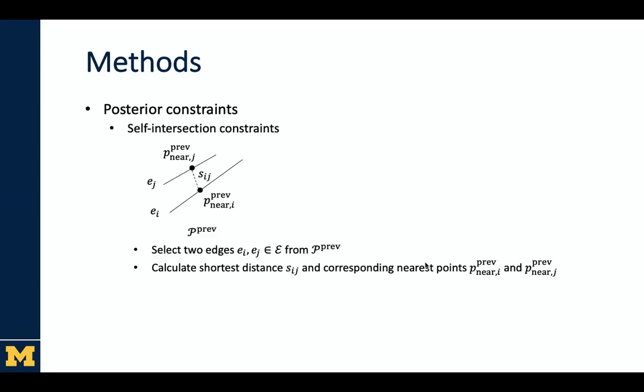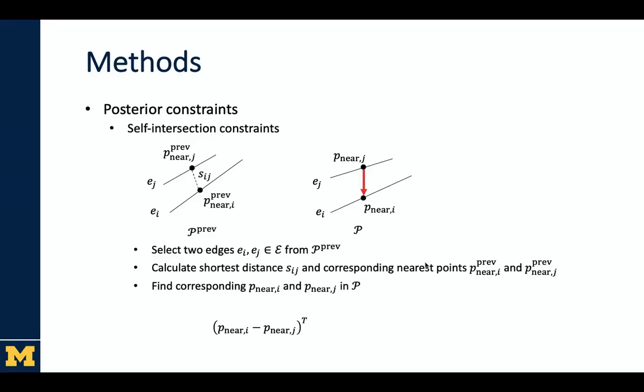At first, we select two edges, EI and EJ, from edge set E and regard them as two line segments. Then we calculate the shortest distance Sij and corresponding nearest points. One thing to note here is that the calculation is based on the previous object configuration. Then we could find two corresponding nearest points in the current configuration.